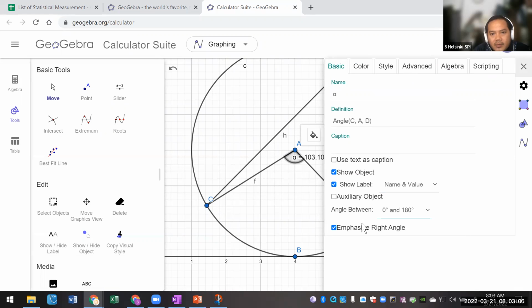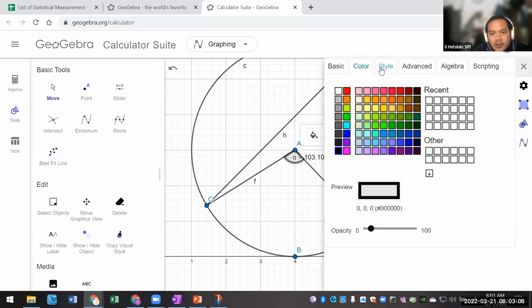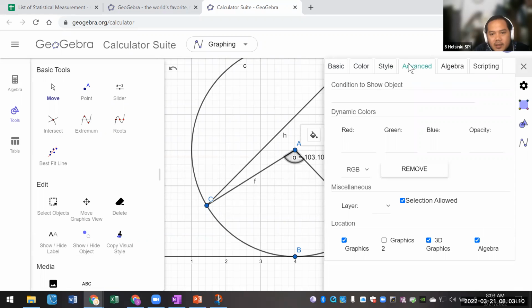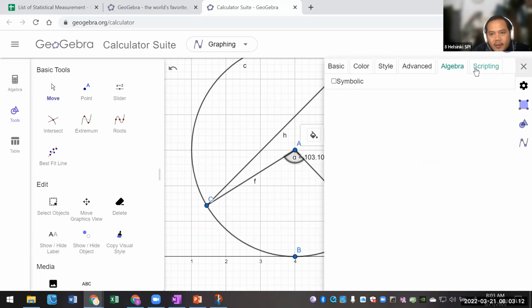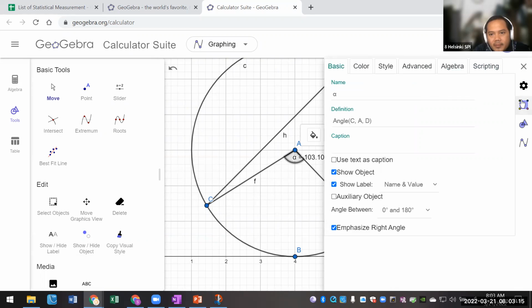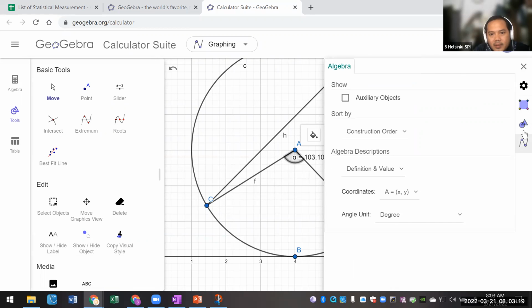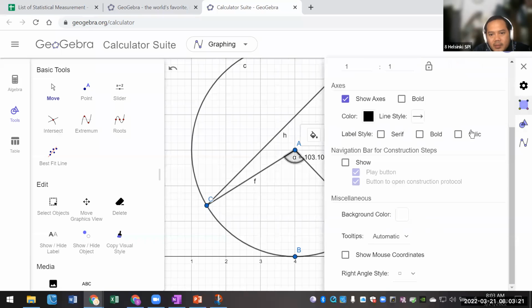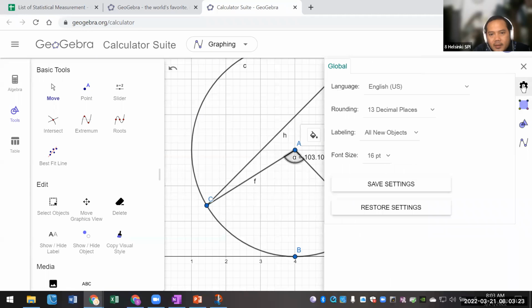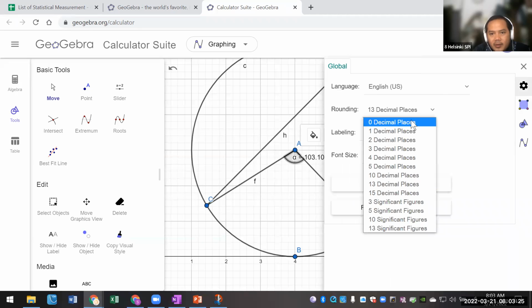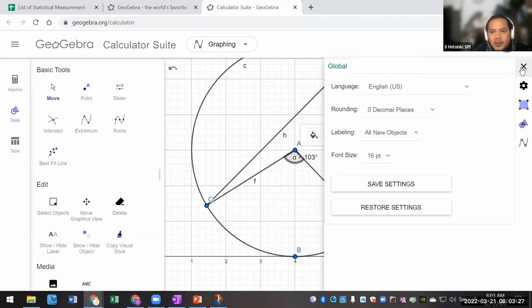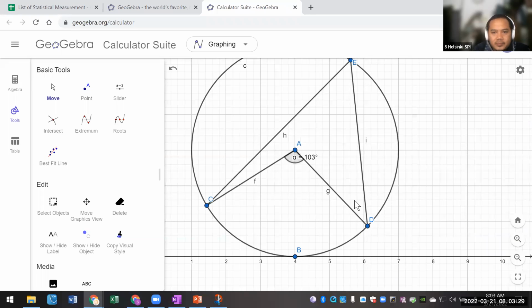I forgot how to set it. Oh my goodness. Here you go, rounding. Yeah, rounding 0 decimal places. Okay. Yep. So let's say this is, I'm going to make this a little bit.